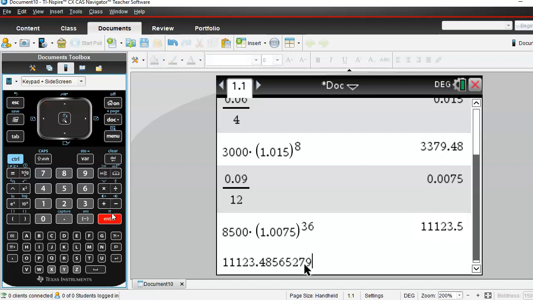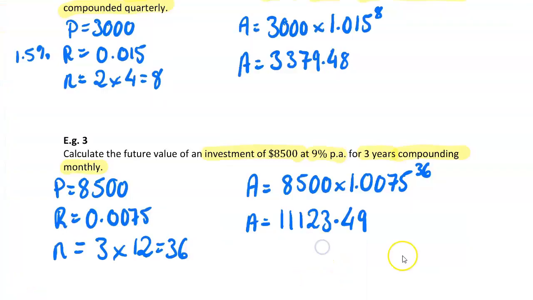Okay, just have a look at that. Okay, so we've got 11,123.49. Remember, it's always to 2 decimal places and rounded to the nearest cent. So at the end of 3 years, they'll have $11,123.49.